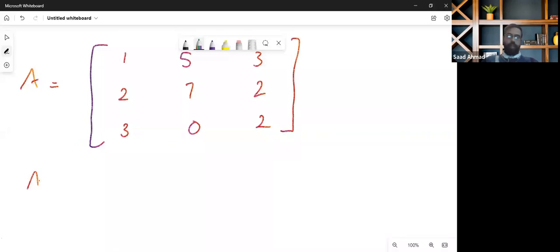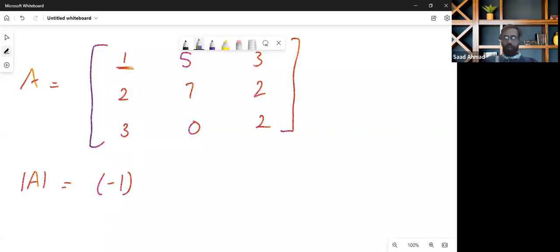Let's say we want to find its determinant. We need to start from the first entry and go through all the columns. So first of all, we write -1 to the power i plus j.